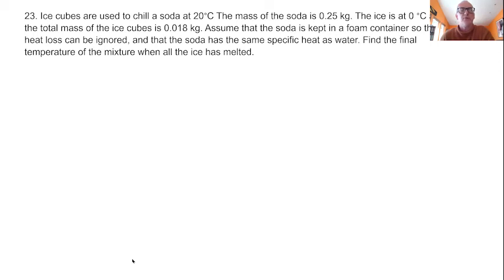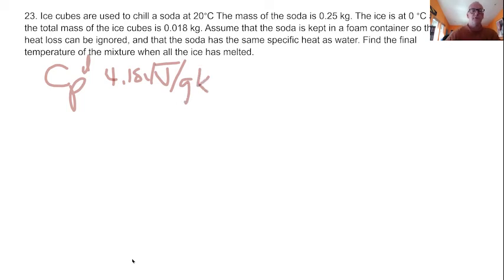So with 23, there's a lot of things going on here. There's also some information here that you don't have that you need to answer the question. One is, hopefully you'll remember this, the heat capacity of liquid water, 4.184 joules per gram per degree.